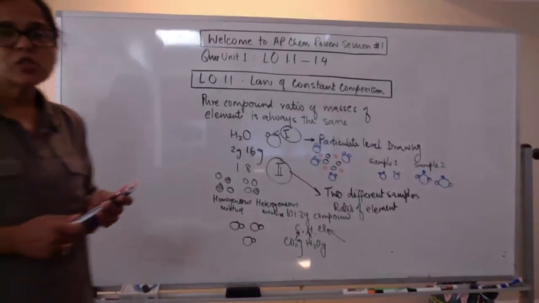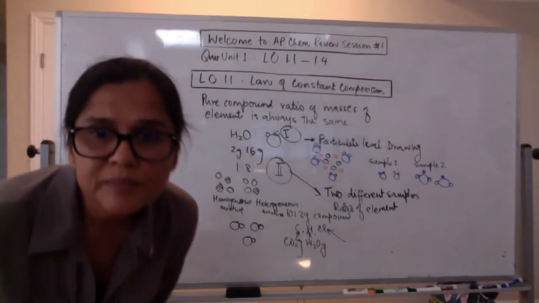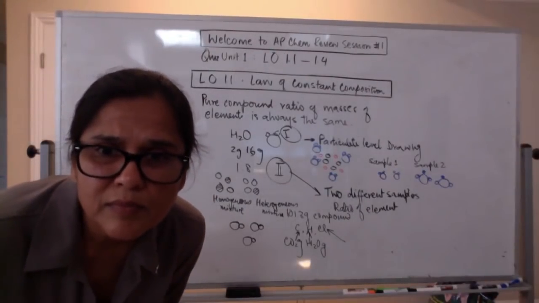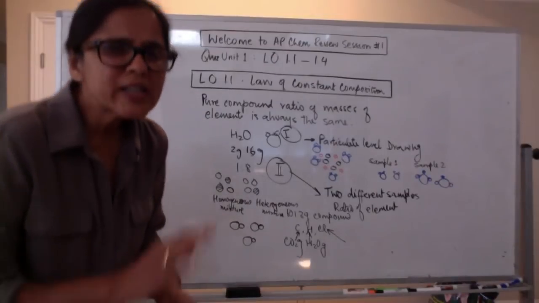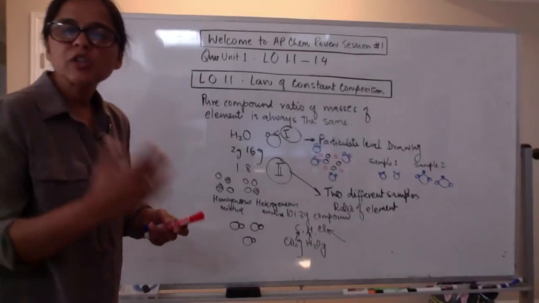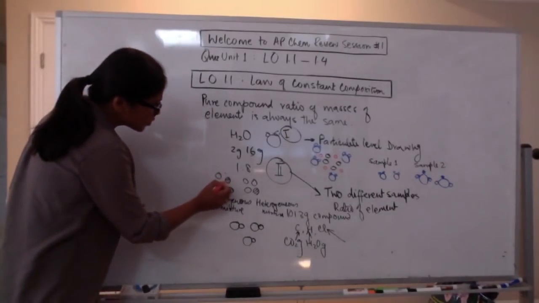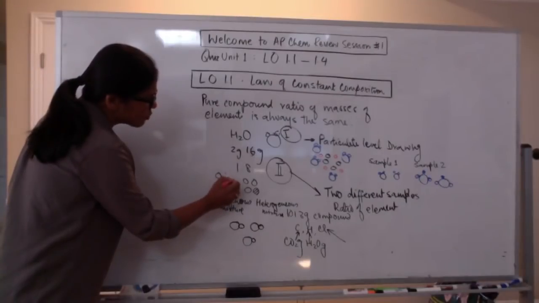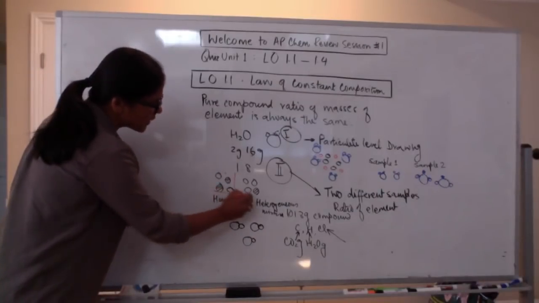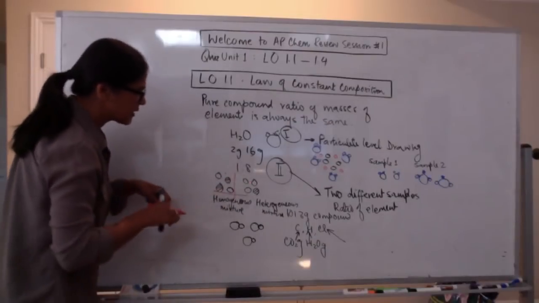Any other questions on learning objective 1.1, law of constant composition? So the quadrant way is more about giving boundaries to your visual interpretation of homogeneity or heterogeneity. They will have to show repeating units. If you break it up in 4 quadrants, then you should see the same repeating units.